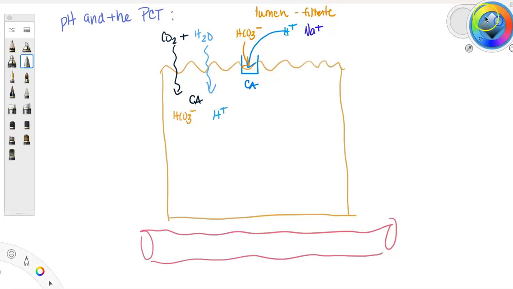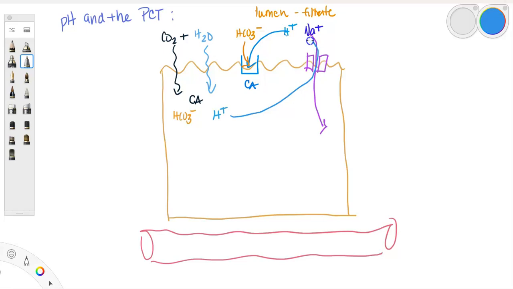Okay, and then over here we have a transporter. Let's bring that here, transporter here, and basically this transporter allows sodium to enter at the expense of hydrogen. So hydrogen leaves, sodium comes in.